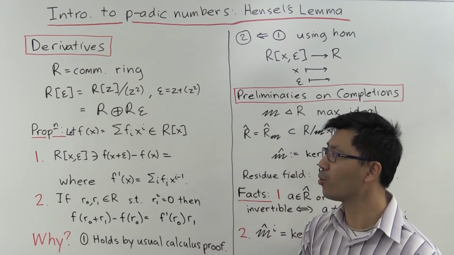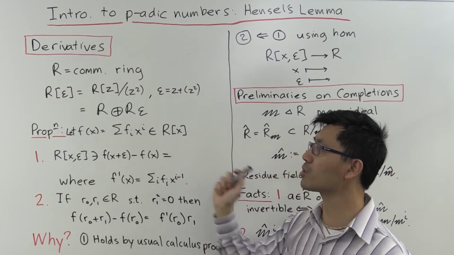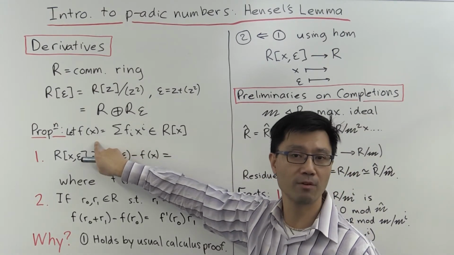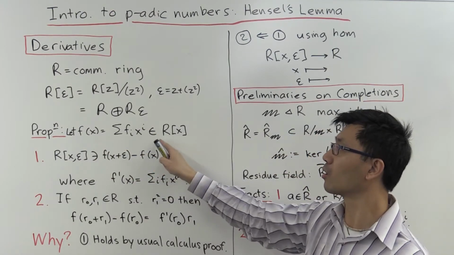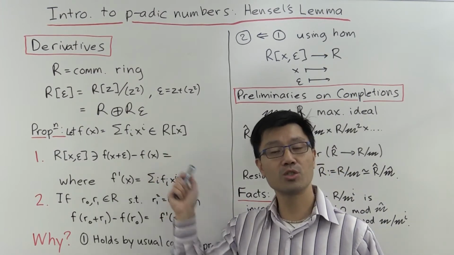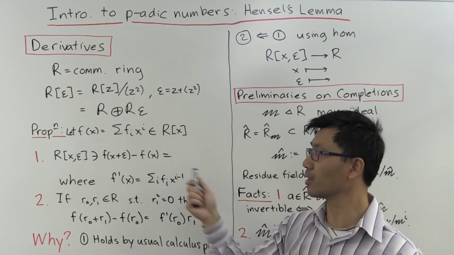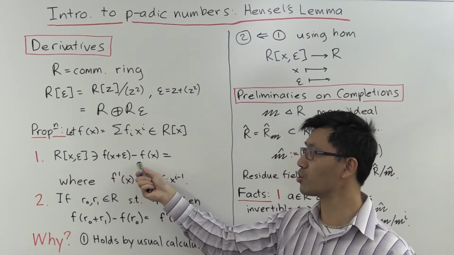Okay, so let's see how we can look at derivatives. And unfortunately, this only works for polynomials. So we fix a polynomial f(x), say the sum of f_i x^i, with coefficients inside our ring R. And what do we normally do when we define the derivative? Okay, so what we can do is we copy the usual definition. We use the difference quotient.